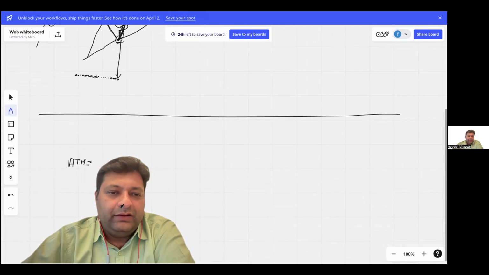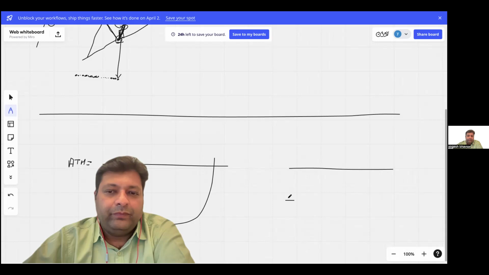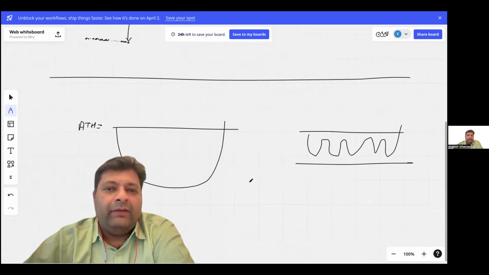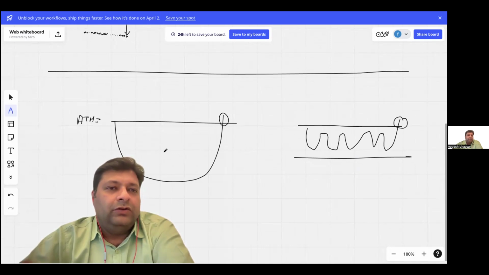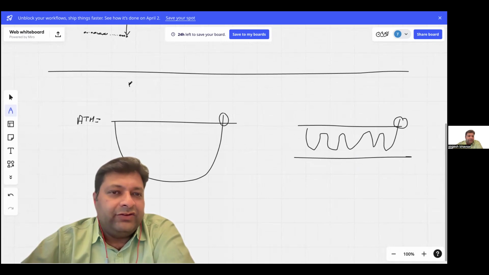One will be the rounding bottom pattern breakout, and the other would be the consolidation breakout. So what happens? No matter whichever breakout comes, this breakout or this consolidation breakout, the rule is that this analysis should be done on the monthly time frame only.